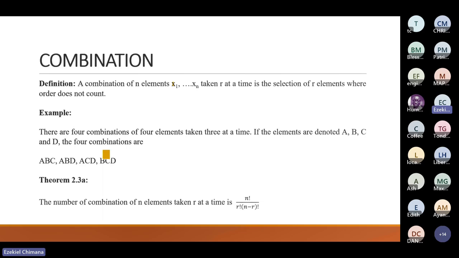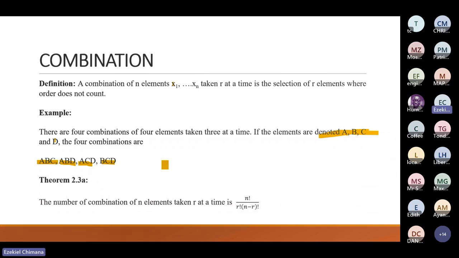So for example here, there are 4 combinations of 4 elements taken 3 at a time. If the elements are denoted A, B, C, and D, the 4 combinations will be ABC, ABD, ACD, BCD. What we are saying here is that the order does not matter.